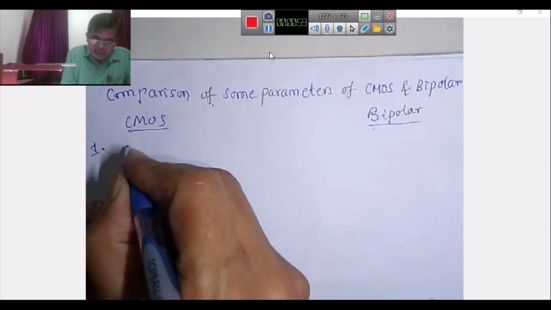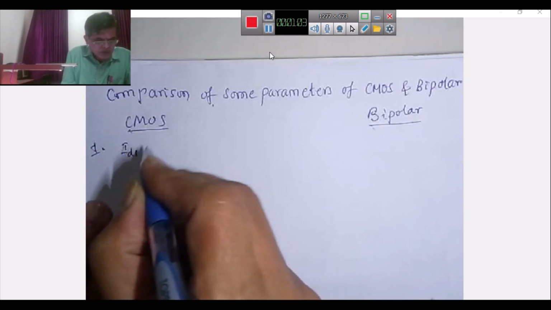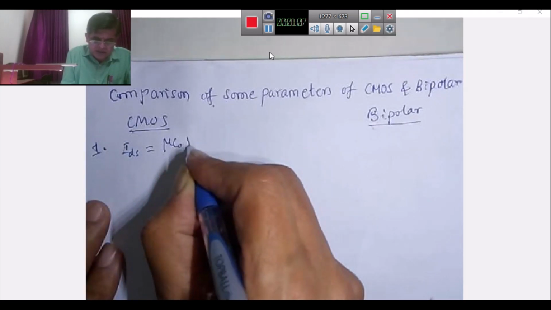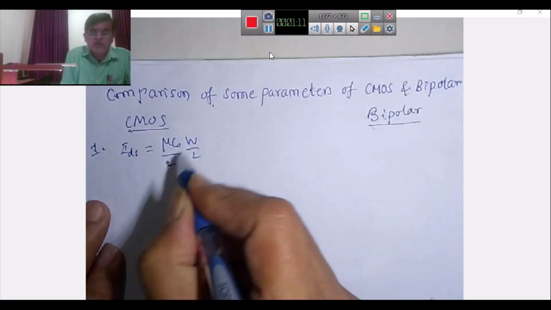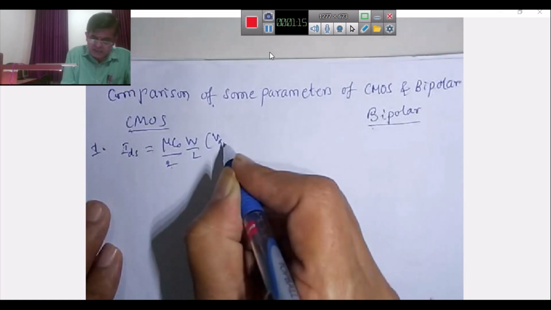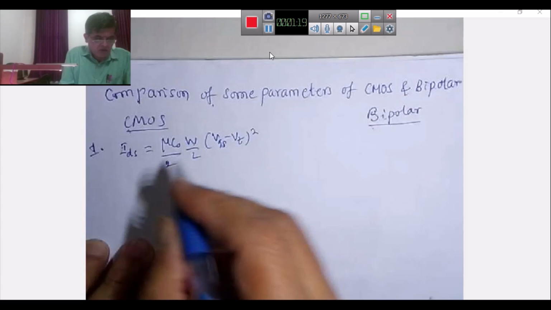Now drain current in case of CMOS is given by IDS equal to mu C naught by 2 into W by L into bracket VGS minus VT whole square. It is in saturation.